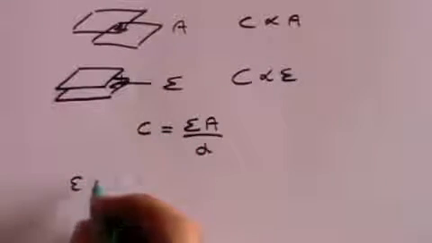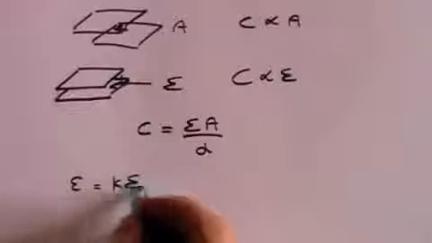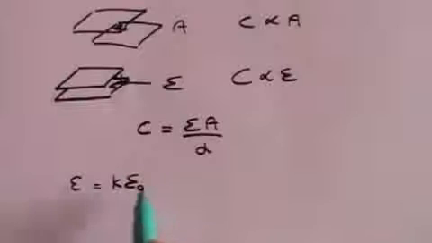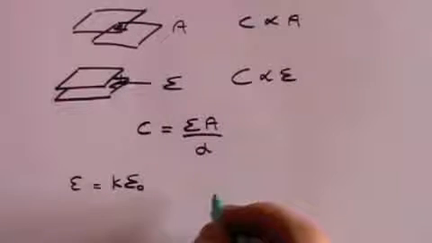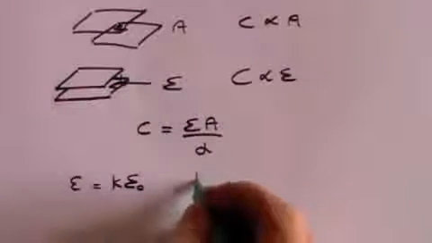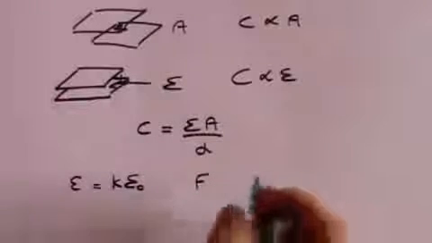Epsilon is usually expressed as K times epsilon naught, where K is the relative permittivity and epsilon naught is the permittivity of free space. We've met this before in the formula for the force between two charged particles.